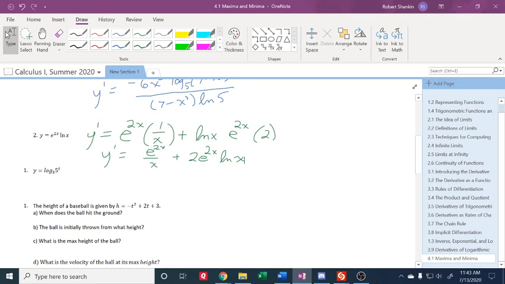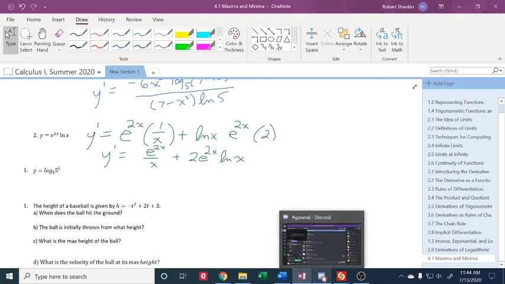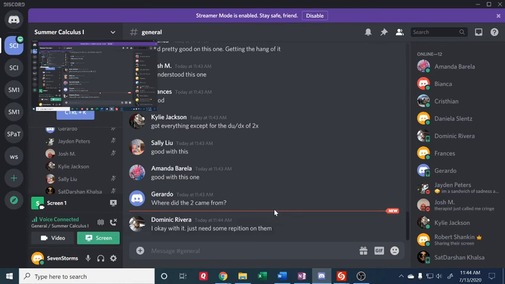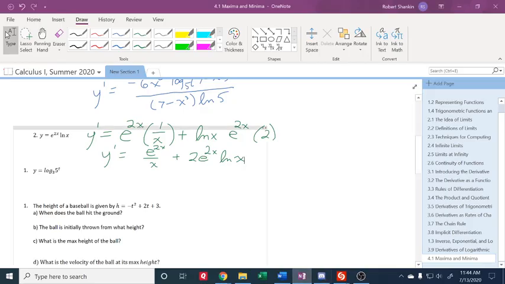Let's come back. That 2 was the derivative when you took the derivative of e to the 2x. The derivative of e to the u is e to the u du dx. So we have to take the derivative of the 2x with respect to x, getting that 2 right there. Glad you're asking what you need clarification with. And, alright, let's go to number 3.